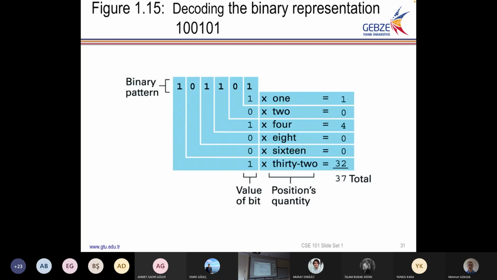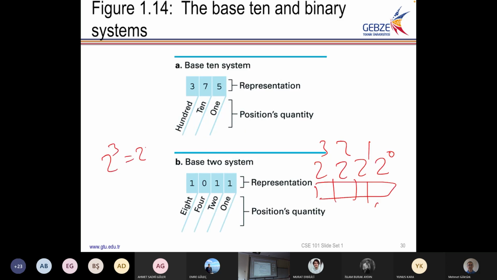Ask a question. 2 to the 3 means 2 times 2 times 2. Huh? I can't hear.